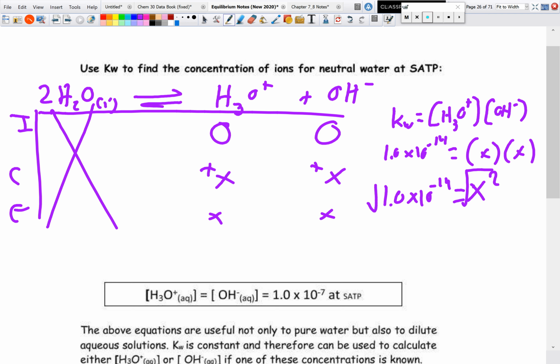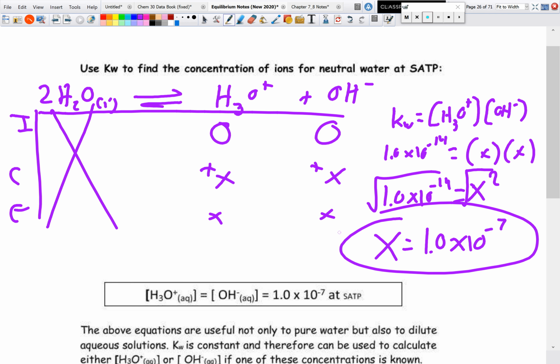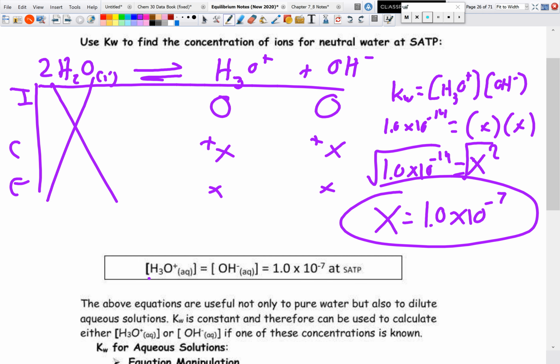We take the square root of both sides, and we get X is equal to 1.0 times 10 to the negative 7. So that's how we can say that in pure neutral water, the concentrations of hydronium and hydroxide are equal to each other, and it is 1.0 times 10 to the power negative 7. This is handy to keep in mind because with water, the concentrations of hydronium and hydroxide are always going to be related to each other.